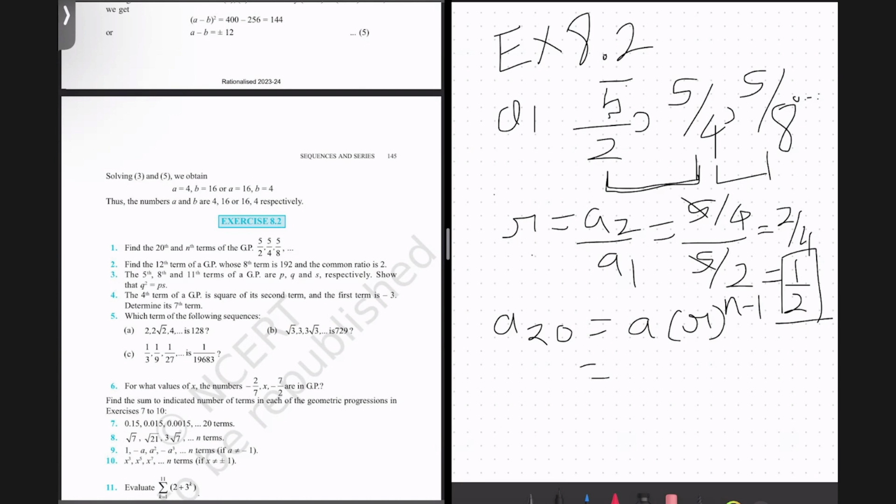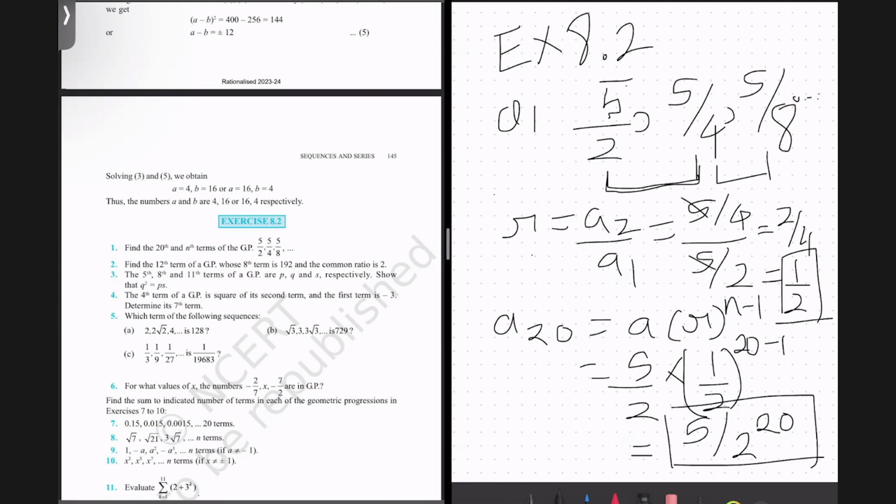Plugging in n equals 20, the first term is 5 by 2 and the common ratio is 1 by 2, so r to the power 20 minus 1. So the 20th term of the GP is 5 upon 2 to the power 20. That is the 20th term of your GP.